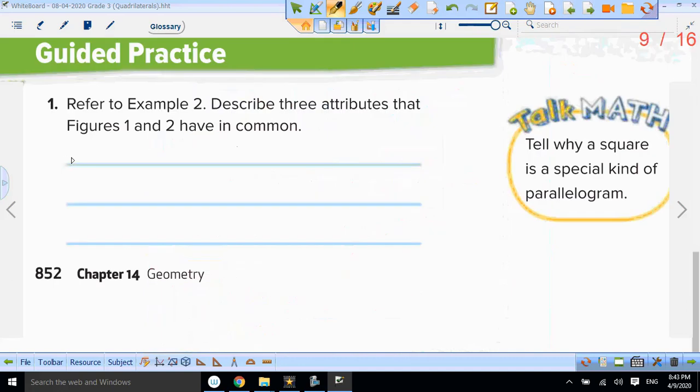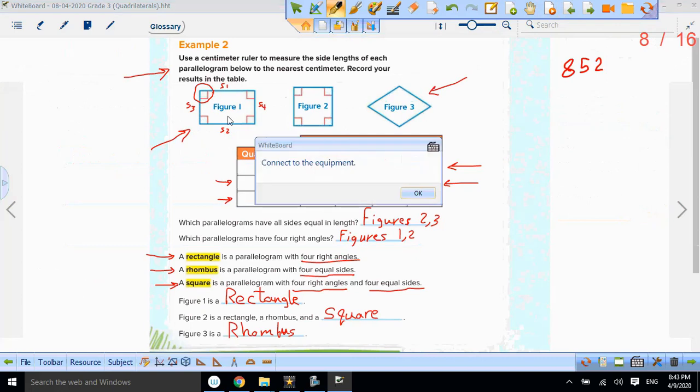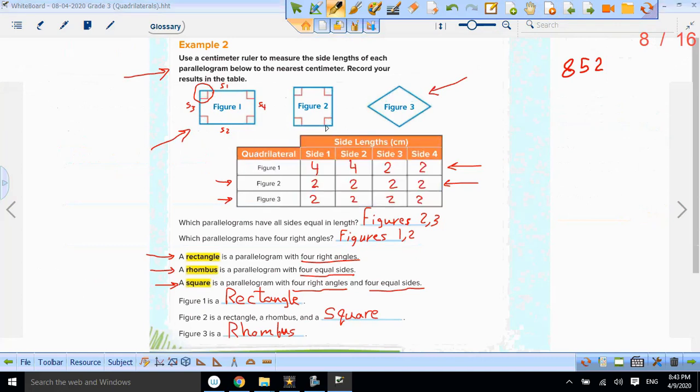So you can say that 2 pairs of parallel sides. Then the next attribute is side length. Both of them have two pairs of equal sides.